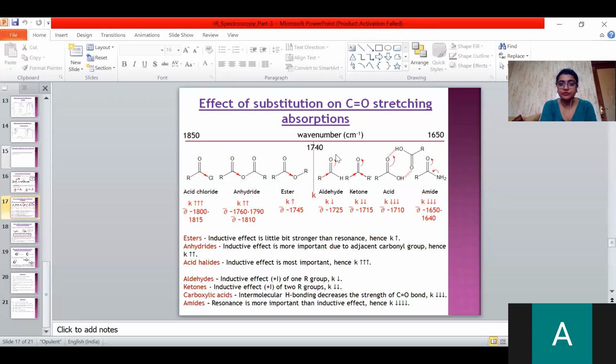Pushing this electron towards the oxygen is only going to reduce the double bond character and increase the single bond character. So due to this, the bond strength decreases, that is K decreases, and the frequency also correspondingly decreases. So from 1740, we have moved on to 1725 in case of aldehydes.